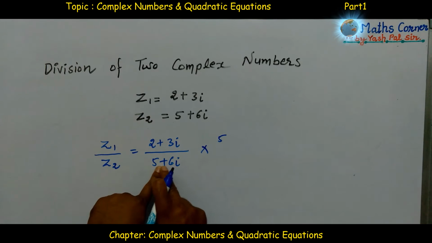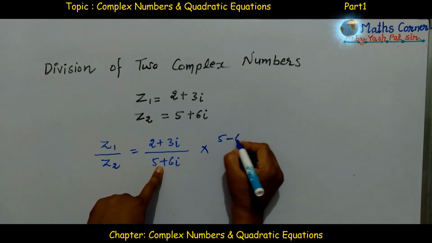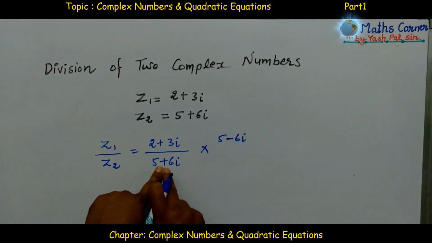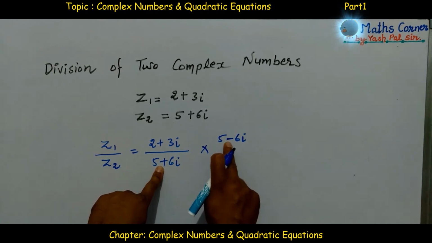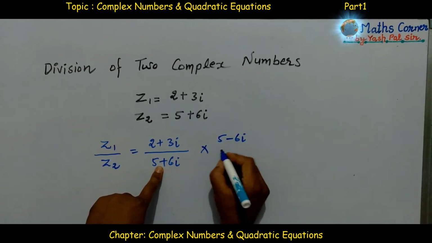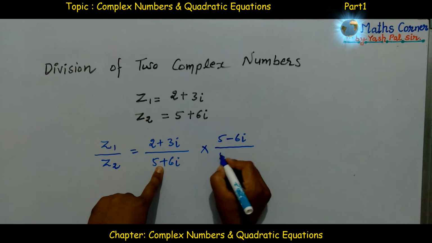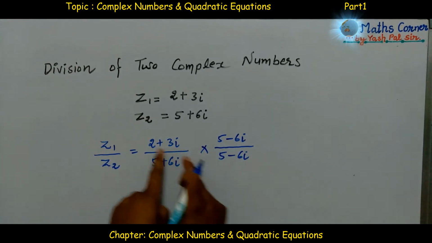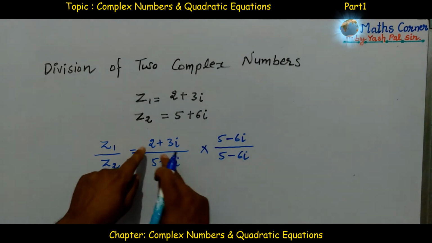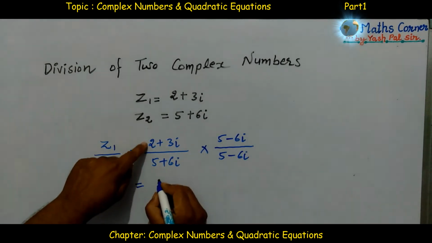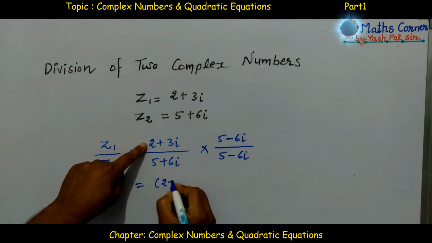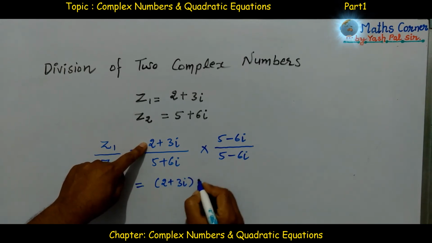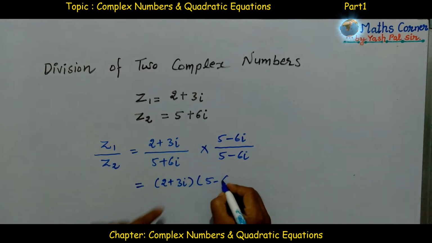If this is plus 6 then we write minus 6. If this were minus 6 then we should write plus 6. Changed sign. The same number written in the denominator is also multiplied in the numerator. So this is 2 plus 3 iota into 5 minus 6 iota.